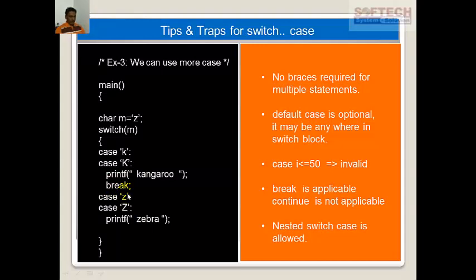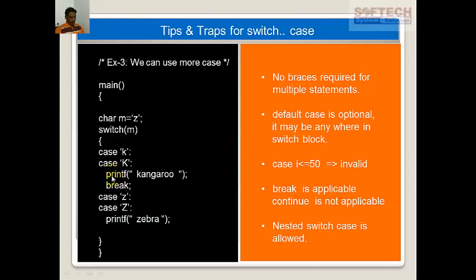The opposite statement of break is continue. The two types of statement available in C are break and continue. The break is only applicable in switch case. The continue is not applicable. The continue is only applicable in looping statements: while, do while, for.